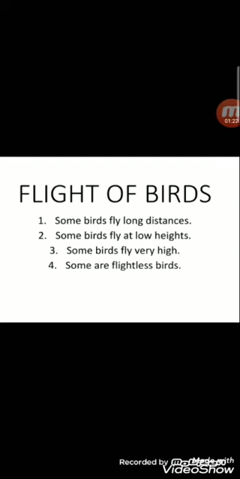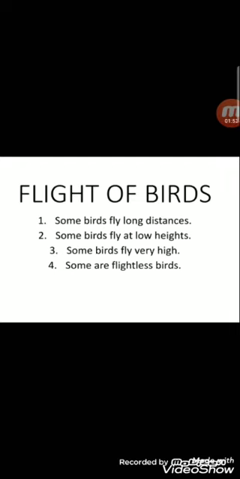This means some birds fly at a very low height, मतलब वो बहुत ज़्यादा ऊंचा नहीं उड़ते हैं, like crow, sparrow, pigeon. Some birds fly very high like aeroplanes. You would have seen aeroplanes flying in the sky. Birds like eagle, kite, vulture fly very high in the sky.